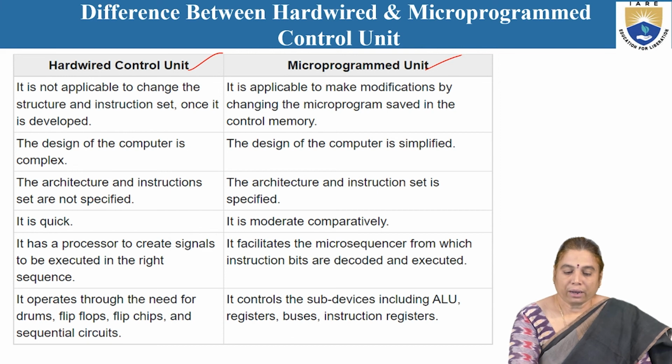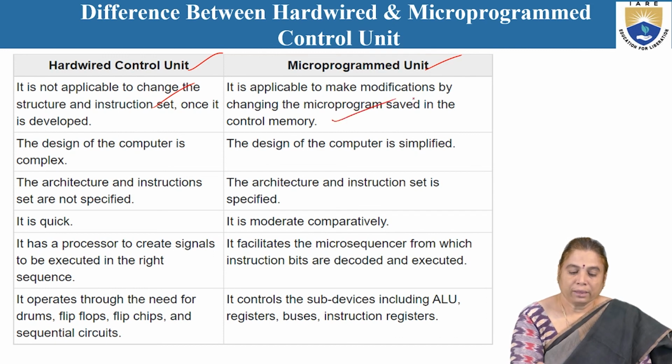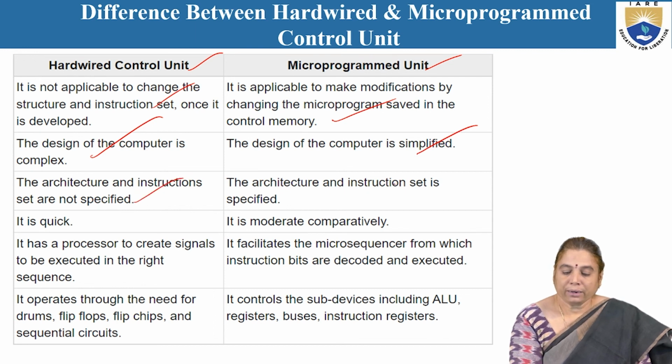In case of hardware control unit, the main logic can be designed with the help of hardware devices. But in case of microprogrammed control unit, the programming logic can be employed. The design of the computer is complex in case of hardware control unit. The design of the computer is simplified in case of microprogrammed control unit. The architecture and instruction set are not specified in one, but here the instruction set is specified. Hardware control unit is quick, whereas the microprogrammed one is comparatively slow.